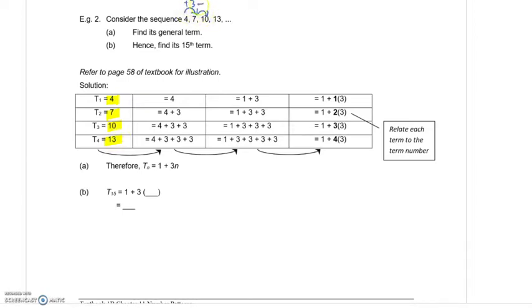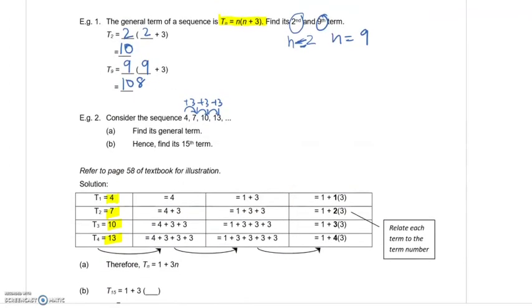So from here you must be able to obtain the general term. What I generally like to do is look at this number over here. This number is a 3, which means that when I want to do my Tn, this number 3 is the coefficient in front of n.